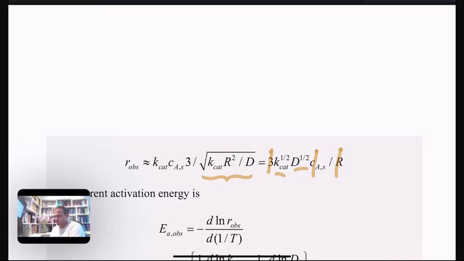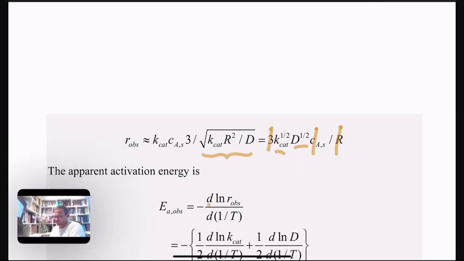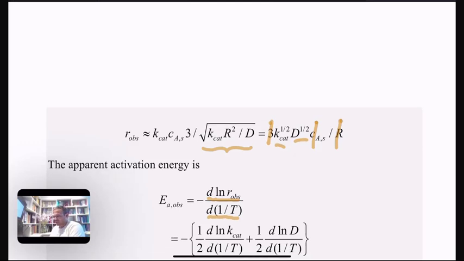So when we do our Arrhenius analysis, and we take the derivative of the log of the rate that we observe with respect to 1 over temperature, all of those factors are going to fall away. The factors that remain are coming from the k_cat and the D to the 1/2, which are functions of temperature. The logarithm of a product is the sum of the logs, and when I take the logarithm of something that is raised to a power, the power 1/2 in this case comes down front, and I get that the log of k_cat to the 1/2 is 1/2 the log of k_cat.